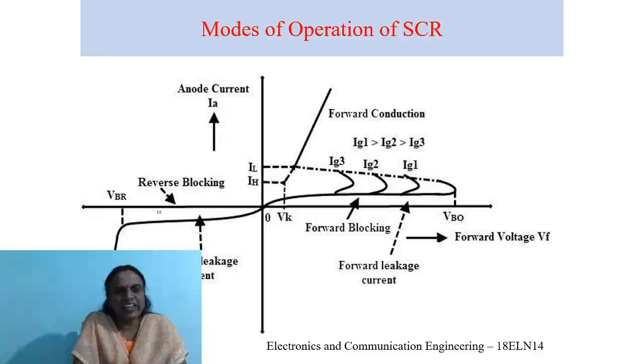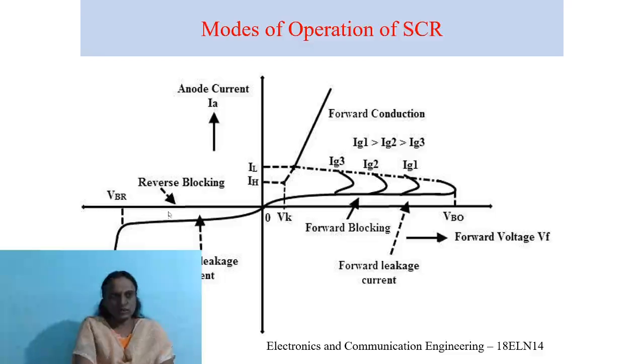So, the device offers very high impedance in this mode until the applied voltage reaches the reverse breakdown voltage of the SCR. If the reverse applied voltage is increased beyond VBR, the reverse blocking voltage, then avalanche breakdown occurs at junctions J1 and J3, which results in an increase in the reverse current flow through the SCR.